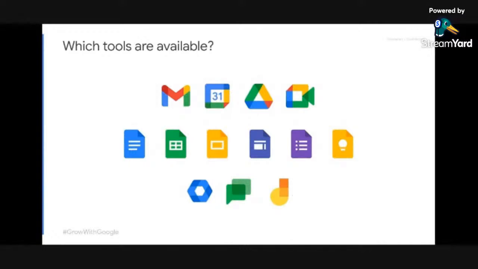But note, there are a few other tools included, such as Google Current, which we will discuss a bit later on. But these tools are the main ones found via Google Workspace.